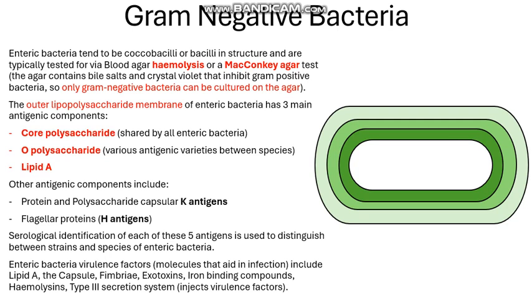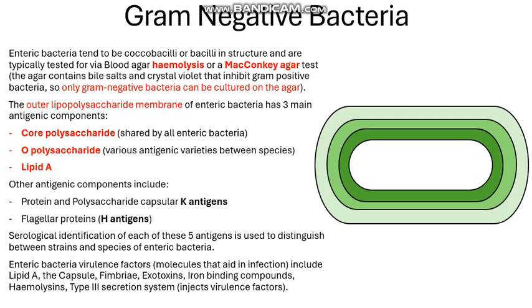So gram-positive bacteria are not able to grow in that petri dish. Any bacteria growing in that petri dish are going to definitely be gram-negative, because only gram-negative bacteria can withstand the crystal violet and the bile salts that would normally inhibit gram-positive bacteria.